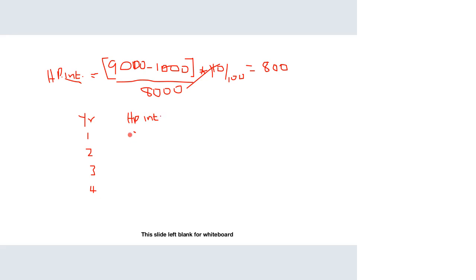So interest for year 1 will be 800. Year 2, the same, 800. Year 3, and year 4.